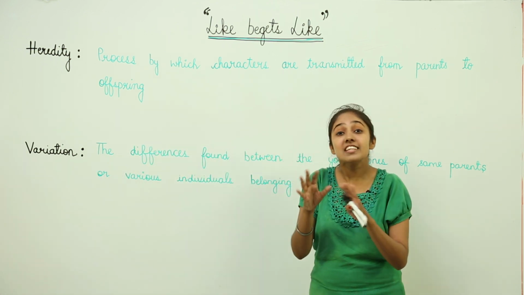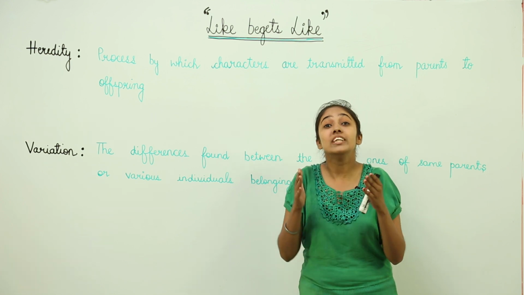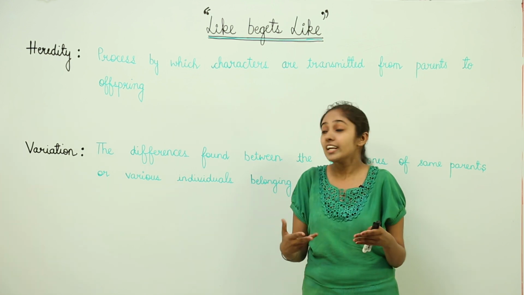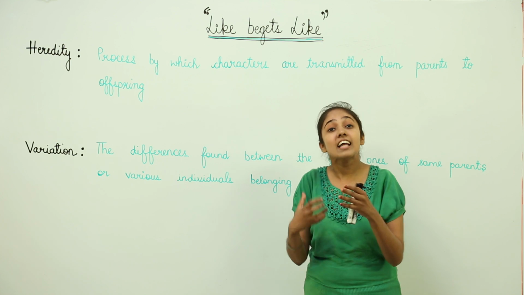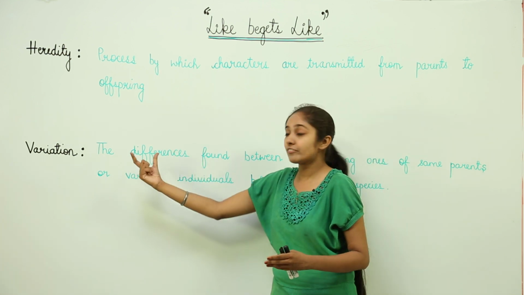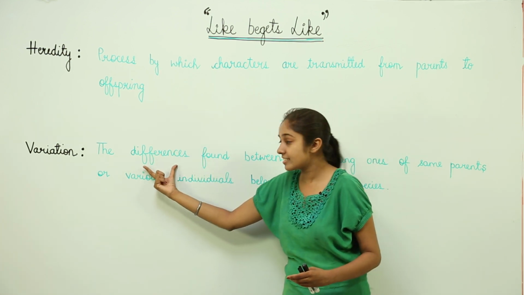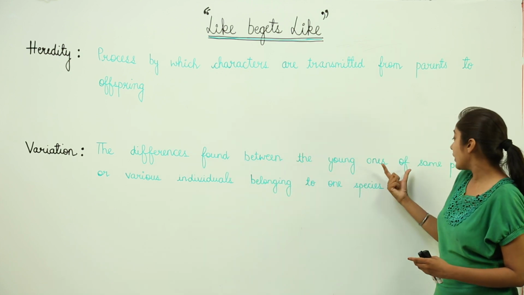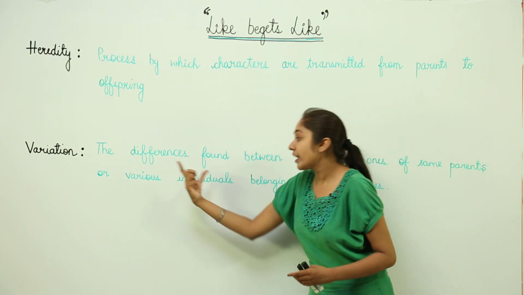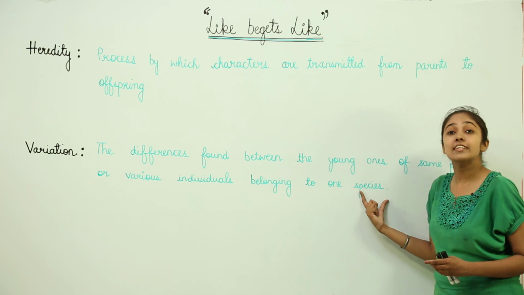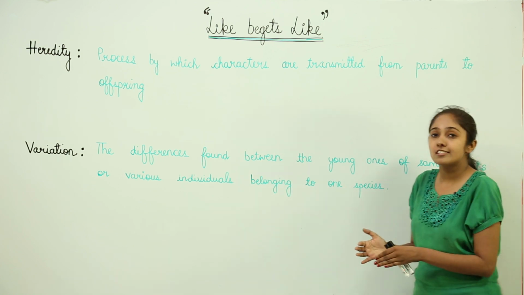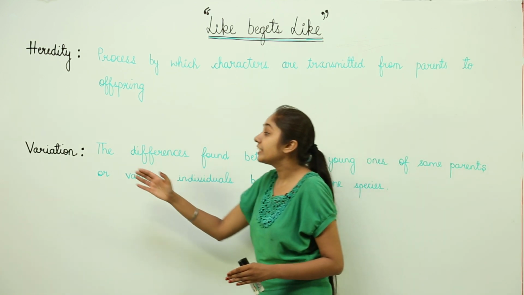There are some differences that make you unique, that give you your typical personality. Those differences found between the young ones of the same parents or various individuals belonging to one species, we term as variation.